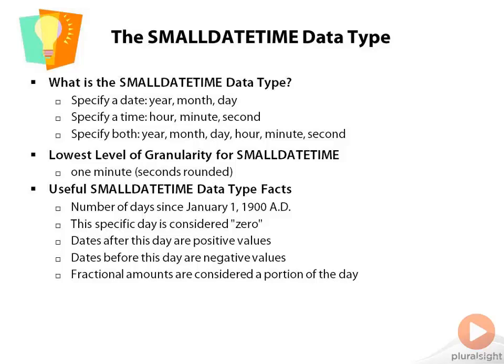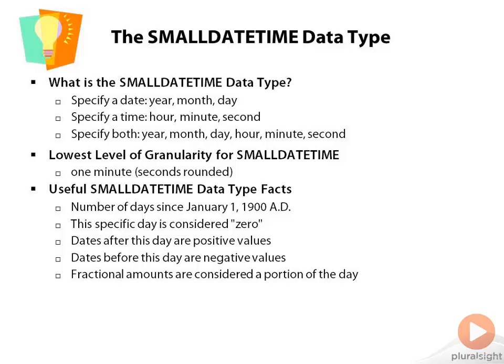Since small datetime can contain both a date component as well as a time component, the underlying number is no longer just an integral value like for the date data type. The integral value still represents the number of days, though, since January 1st, 1900, but the fractional amount represents the portion of the day. In other words, the time. The same for the time data type.